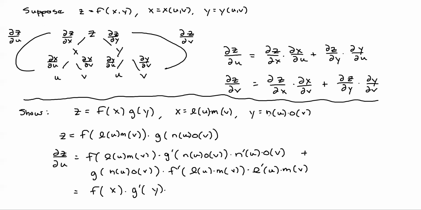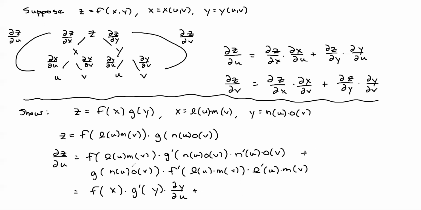Well, if you look at the definition for y and compare, we just differentiated the u part. We left the v part alone. If you just differentiate the u part and leave the v part alone, that's a partial derivative. So we've got the partial of y with respect to u.